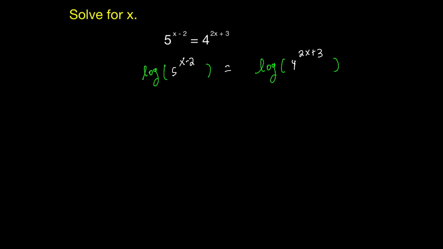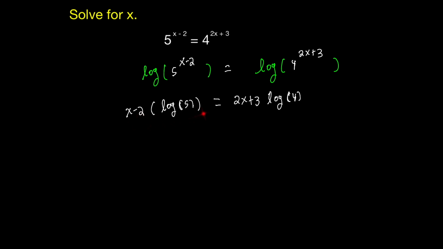Now, using the property of logarithms, since I have an argument that's an exponential expression, I can move that exponent next to the logarithm. So now I'm going to get x minus 2 log base 10 of 5, and then that's going to equal 2x plus 3 multiplied with log base 10 of 4.